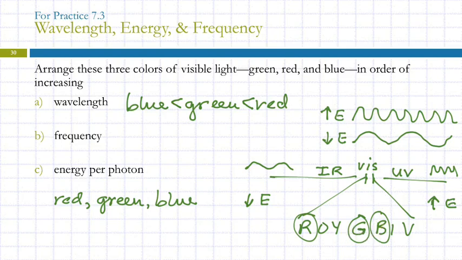So I want to put that at the big end. And that means that this one is less frequent, lower frequency. So the red goes over here, and green is in the middle again. Green's always going to be in the middle of this. Any questions?